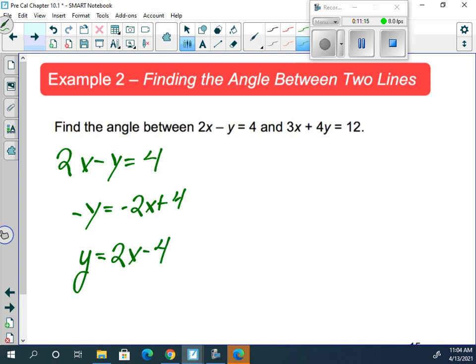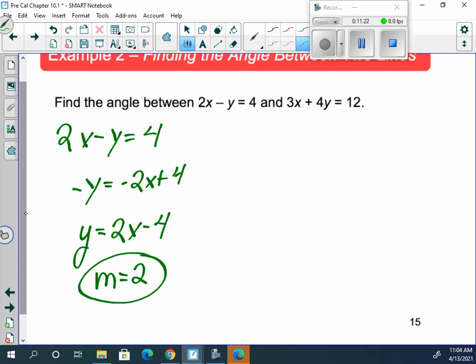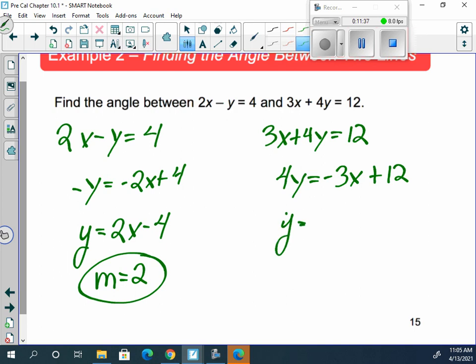Multiply it all through by negative 1. And this here tells us the slope is 2. We would subtract 3x from both sides. So all we really care about is the negative 3.